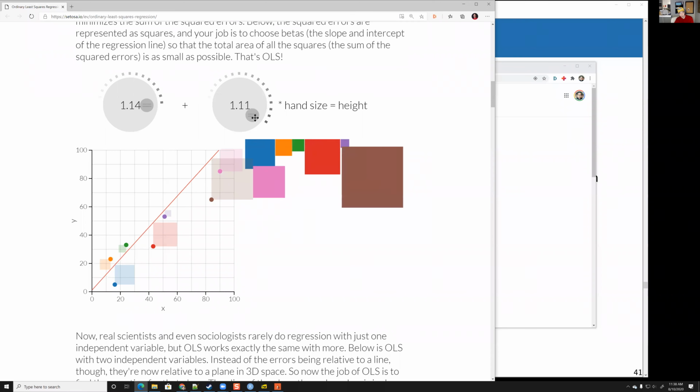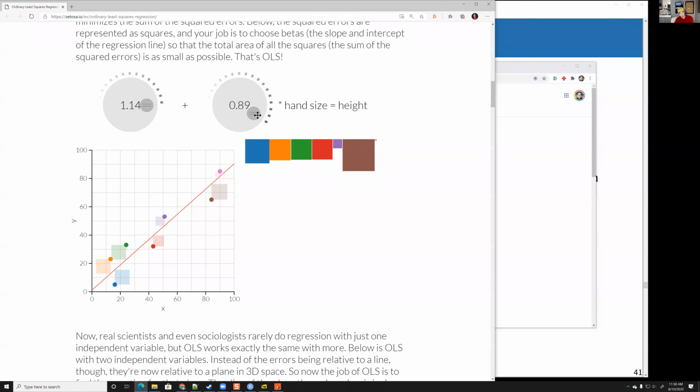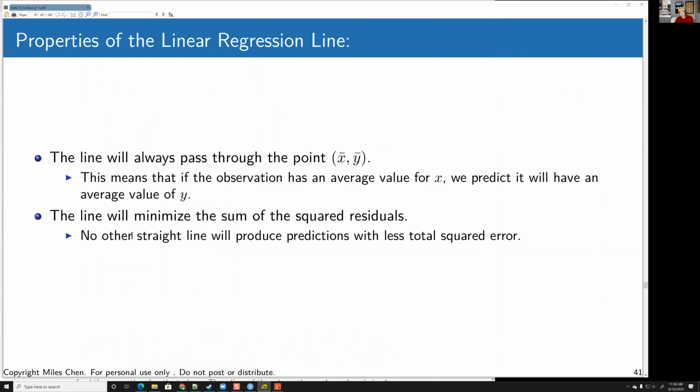We're adjusting the slope so that the total size of the squares is as small as possible. That's the goal. And that's what we mean by the line will minimize the sum of the squared residuals.